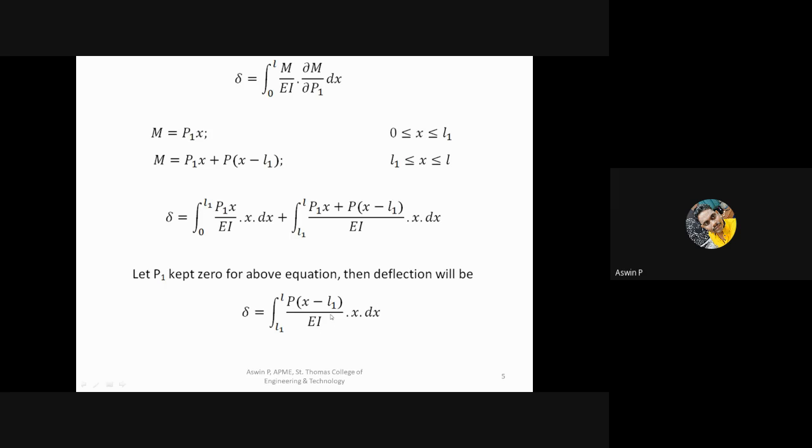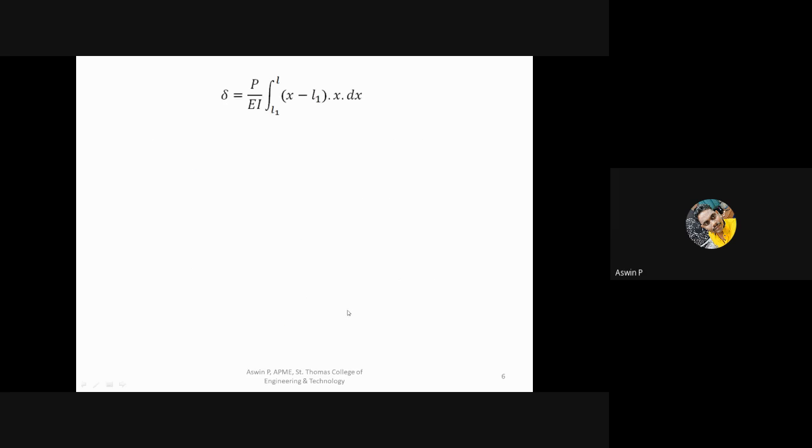So the final terms will be x into x square, and the second term will be L1 into x. When integrating, x square will become x cube by 3, and L1x will become L1x square divided by 2, and the limit will be L1 to L in both cases.